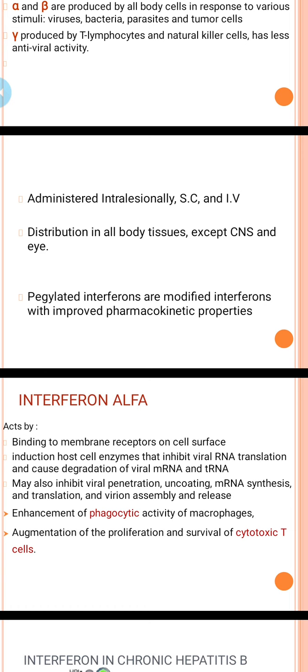They induce some host enzymes that inhibit viral RNA translation and cause degradation of the viral mRNA and tRNA. Also they inhibit viral penetration, uncoating, mRNA synthesis and translation, and viral assembly and release.